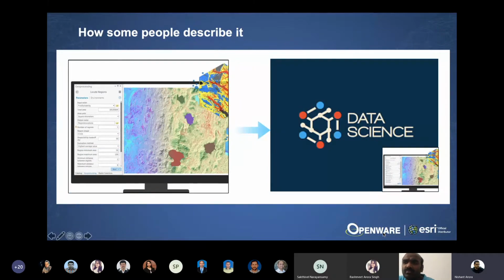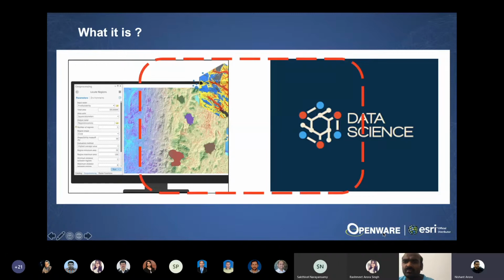They believe that spatial data science is a discipline within data science, which is probably not true because GIS involves a lot of things. What I really think is that data science and GIS have very common or overlapping tools and techniques that help both these disciplines, and they are actually not separate disciplines.